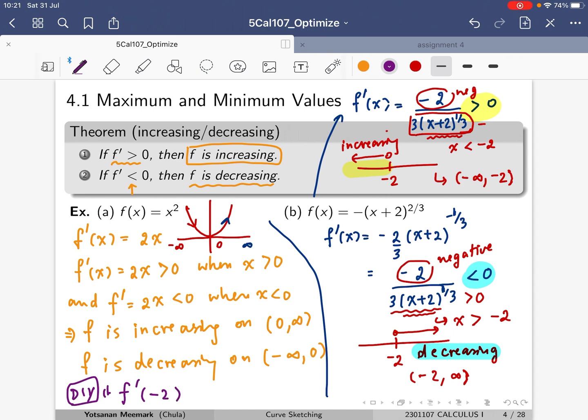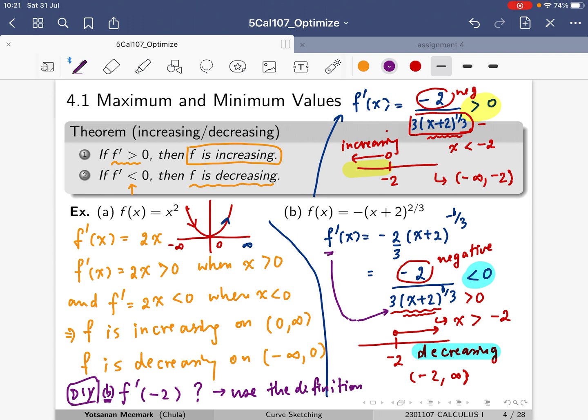This is for problem B. You look at it and see that you cannot plug in -2, because it is at the bottom. So you cannot find f prime at -2 by this formula. You need to use the definition.